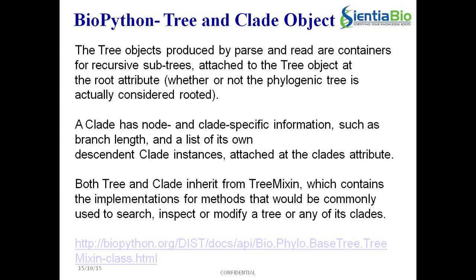A clade is basically a branch which has got clade specific information and a list of its own descendants. Both the tree and the clade inherit from a BioPhylo class called TreeMixin, which basically contains the implementation for methods that would commonly be used to search, inspect, or modify a tree or any of its clades.